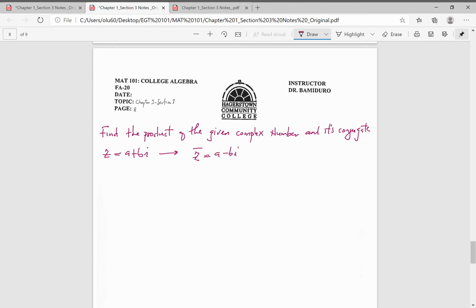Okay. So again, this is the conjugate of a plus bi. So if you're asked to evaluate the complex conjugate of root 5 plus i, it is root 5 minus i.